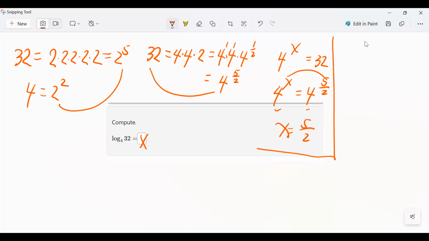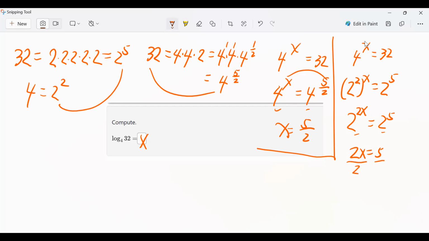And so it becomes 2 to the 2nd to the x equal 2 to the 5th. So 2 to the 2x equal 2 to the 5th. Now same base, 2x equal to 5. And divide both sides of the equation by 2. x equal to 5 over 2. So same solution. 5 over 2 is the answer. Any question?